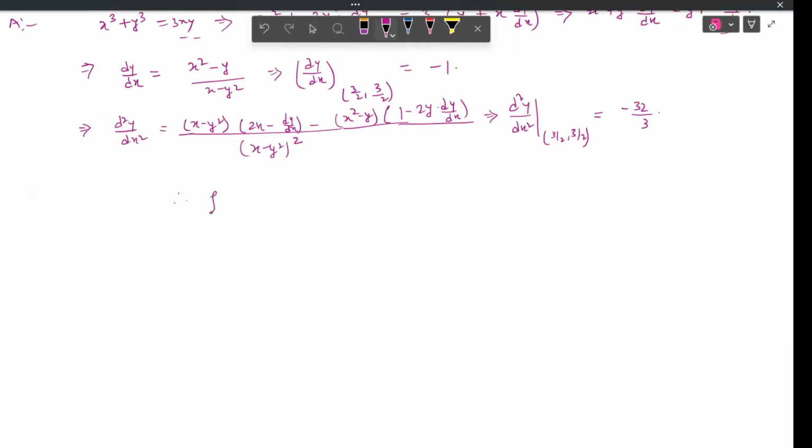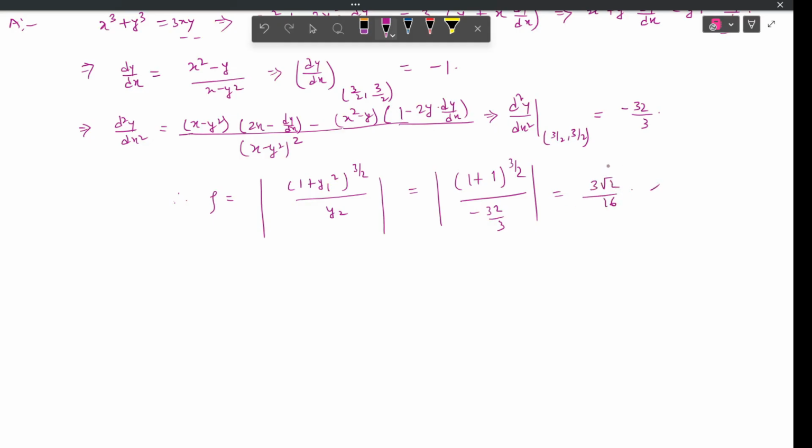If you put all the values, 1 plus y1 square, y1 is minus 1, square is plus 1, to the power 3/2, by minus 32 by 3. After calculation, you will get 3 root 2 by 16. So this is the radius of curvature.